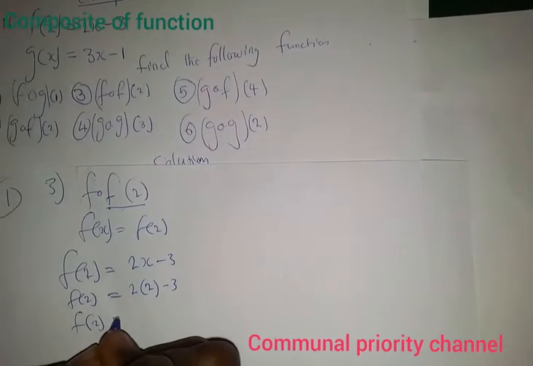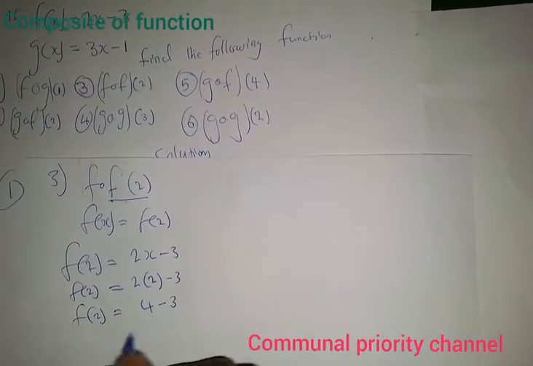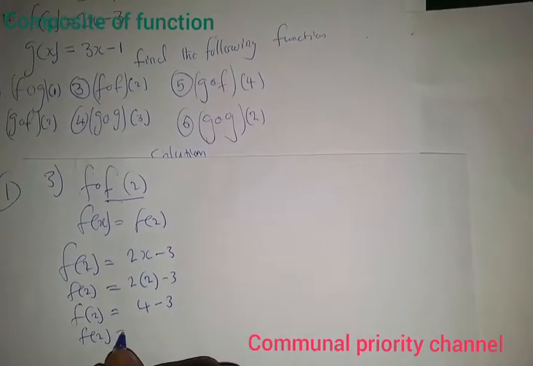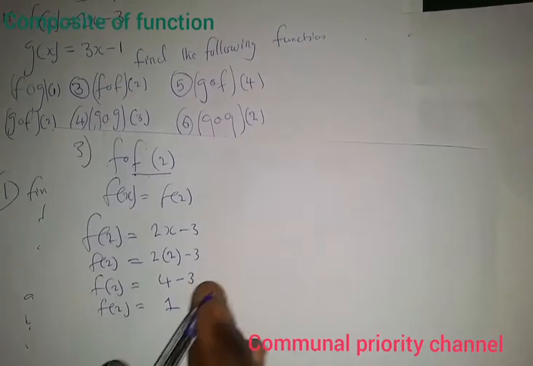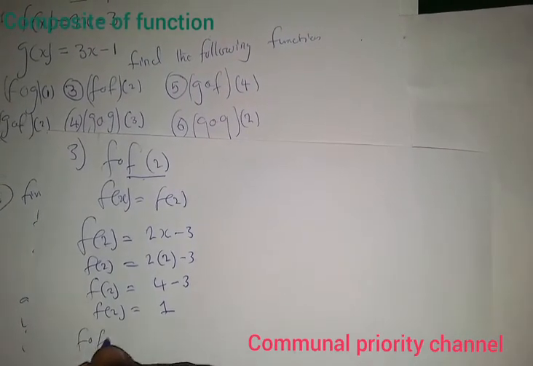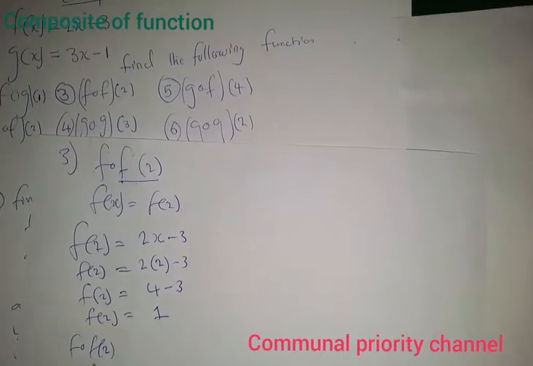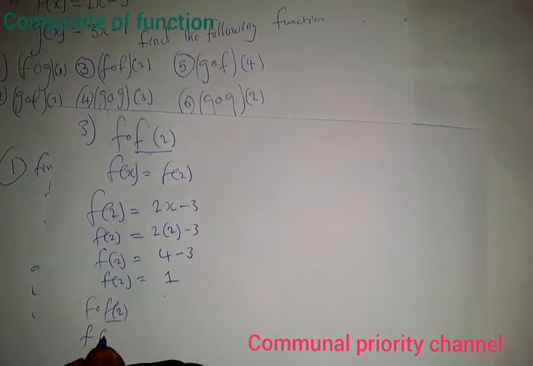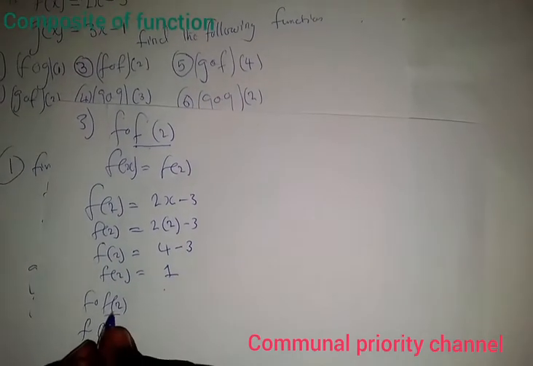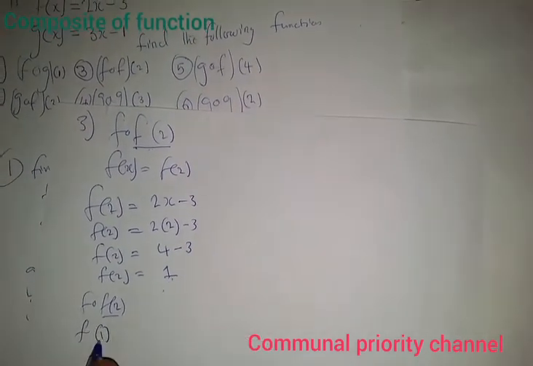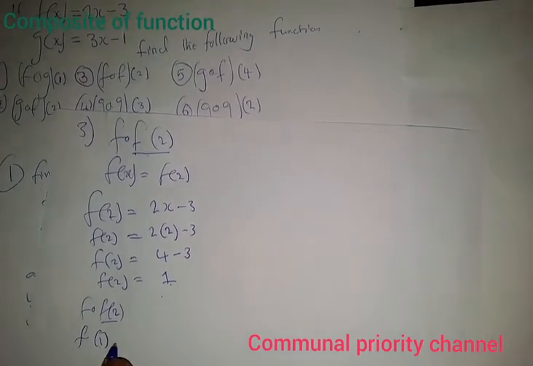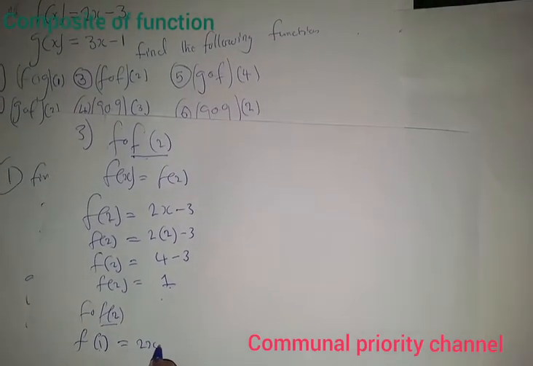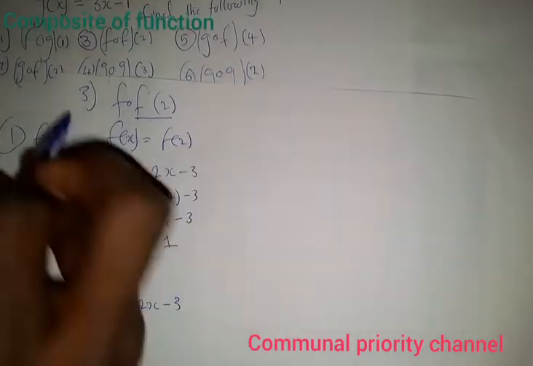Therefore, f of 2 is equal to 4 minus 3, which is equal to 1. Now, our f of 2 we already knew is 1. Therefore, this will be f of 1, because this f of 2 got the final answer as 1. Therefore, f of 1 will be equal to 2x minus 3, as we have in the question here.